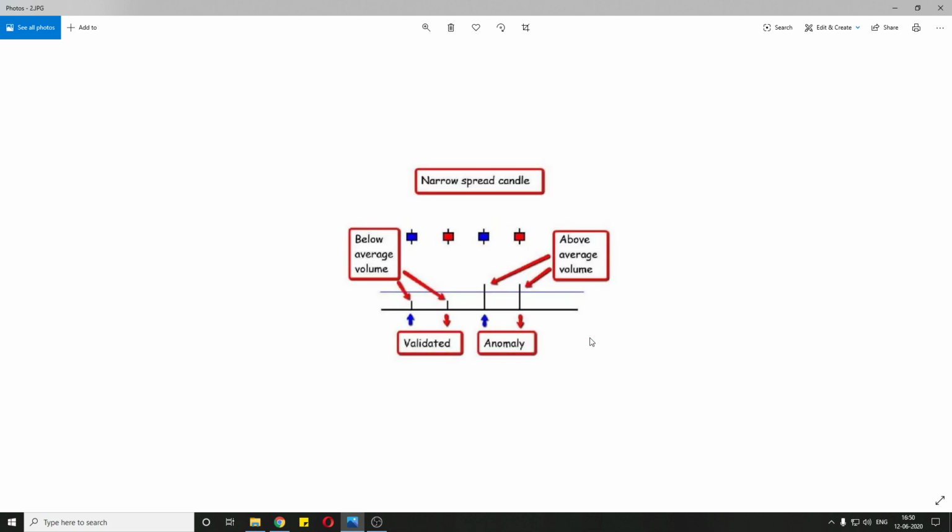In the second example, we see that the candles have narrow spread, and in the first two candles the volume is also below average. That means they are validated, but in the last two candles we see that the volume is above average, so there is an anomaly because the size of the volume is not proportional to the candlestick.